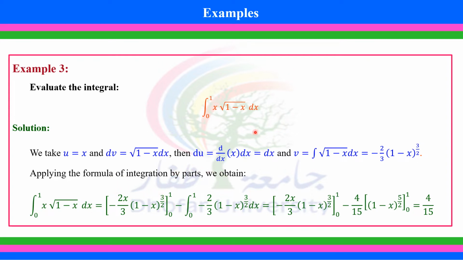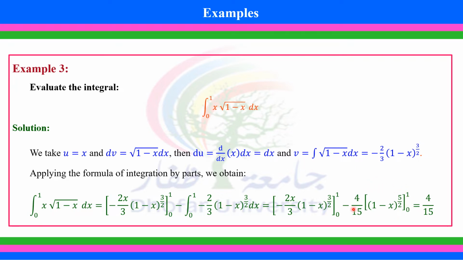So this integral equals uv, where u is x and v is this amount. So we obtain this term here, minus the integral of v du. This is v here, and this is du, which is dx. And then when we do the integration, we obtain this term here.